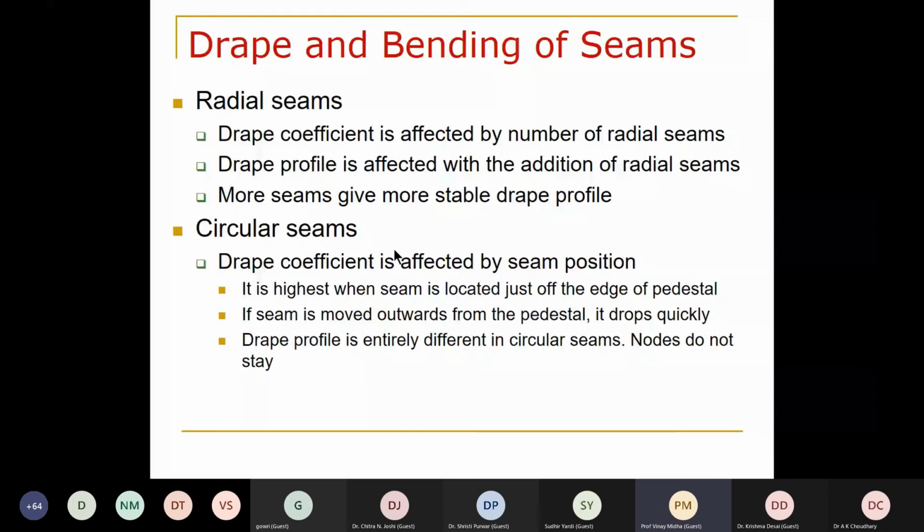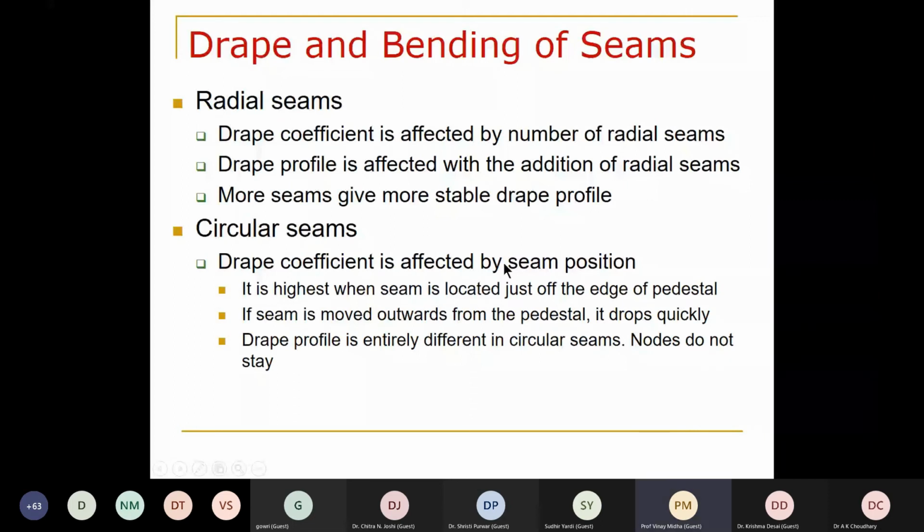The loads can be fixed, they can become stable. And in case of the circular seams, the drape coefficient will be affected by the position of the seam. It will be highest when the seam is located just near the edge of the pedestal when the testing is being carried out. The closer to the center it is, the more stiffness, and more drape coefficient will be achieved.